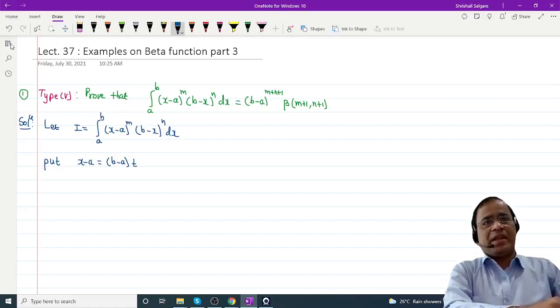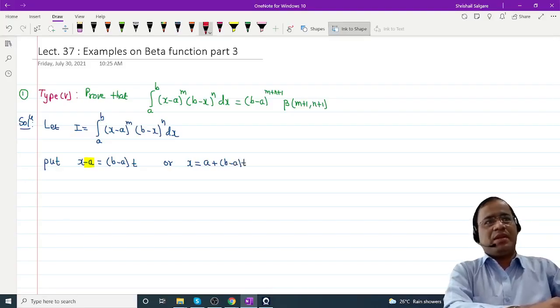This is a way to identify the substitution, or the same thing you can write, and this we can treat as the actual substitution. X is equal to a, I will transfer it to the right side, so minus becomes plus: x is equal to a plus b minus a into t.